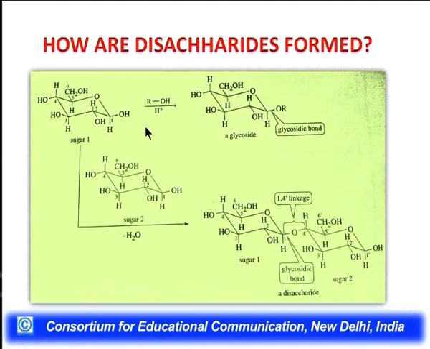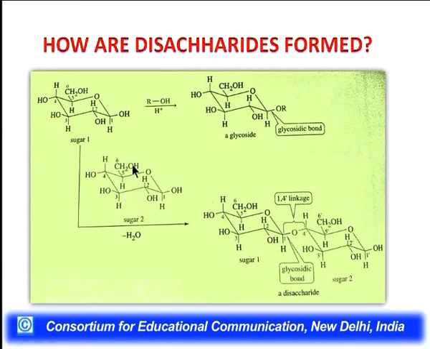Now we are going to do the reaction between two molecules of monosaccharides, in which one molecule is going to act like a simple sugar, and the second molecule of monosaccharide will act like a simple alcohol. And the reaction takes place between the anomeric OH of the sugar part and any one of the hydroxyl groups of the second sugar, which is the aglycone.